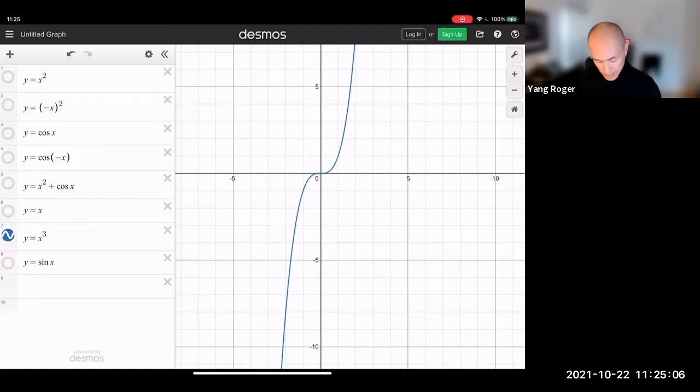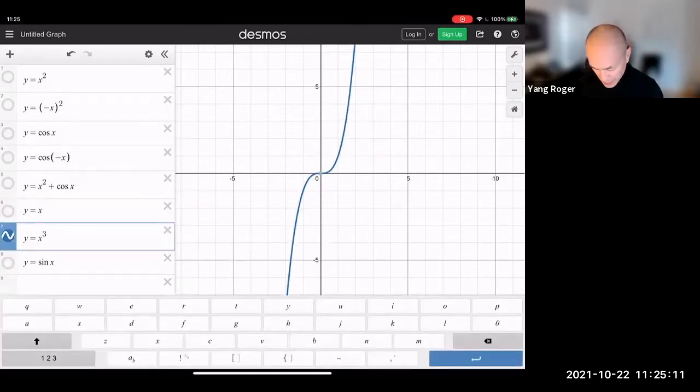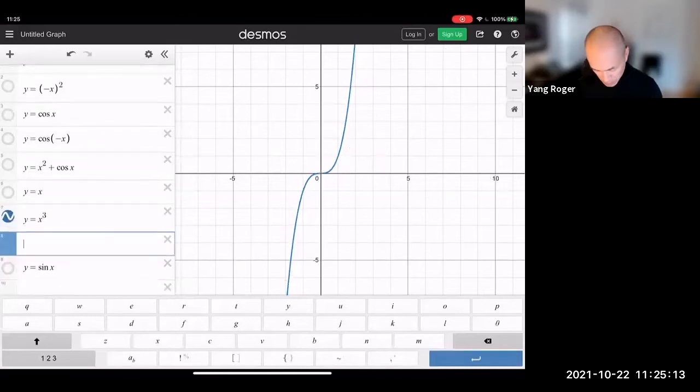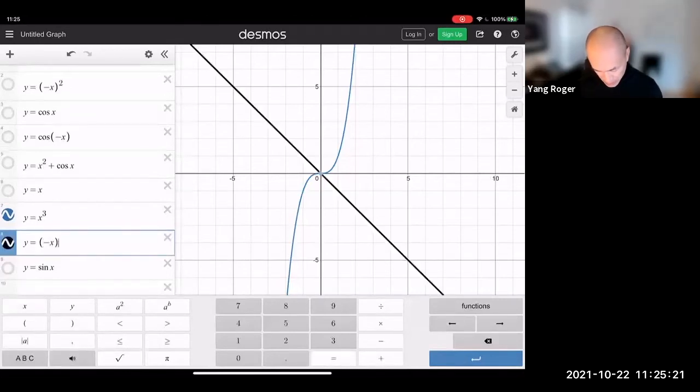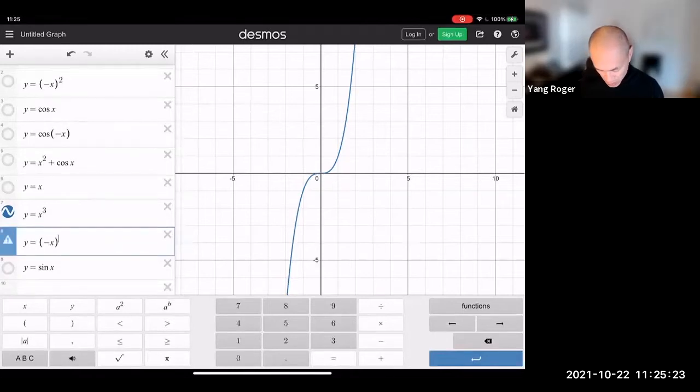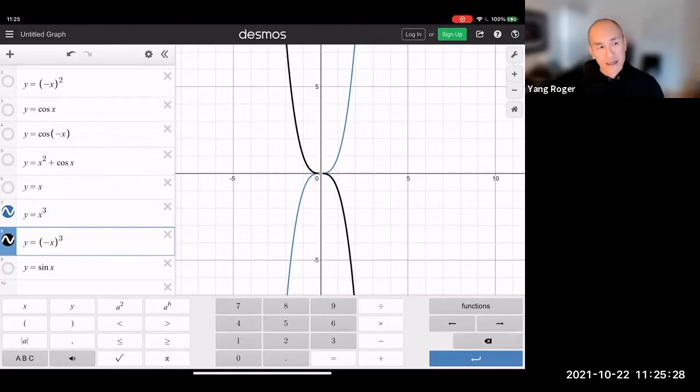Okay. What happens when I insert a negative x? So I'm gonna put in here y equal to parentheses negative x close parentheses cubed. I don't get the same graph back. I actually get the graph rotated.